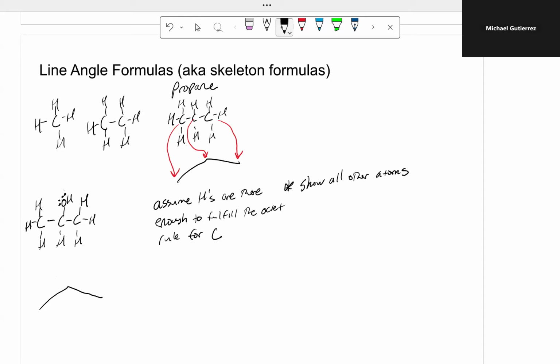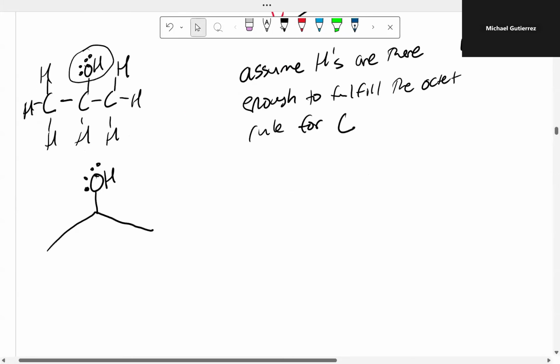And I have this OH group here. I'm going to draw that in specifically on that second carbon. So now let's look right at this skeleton formula.